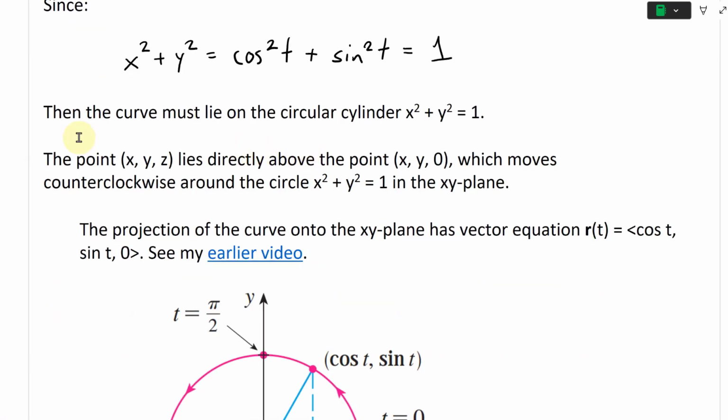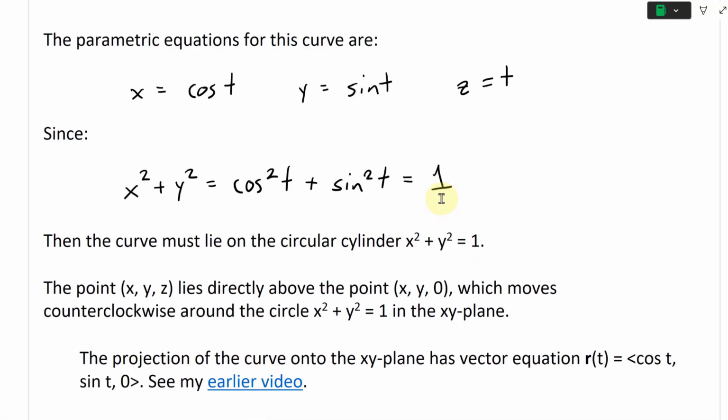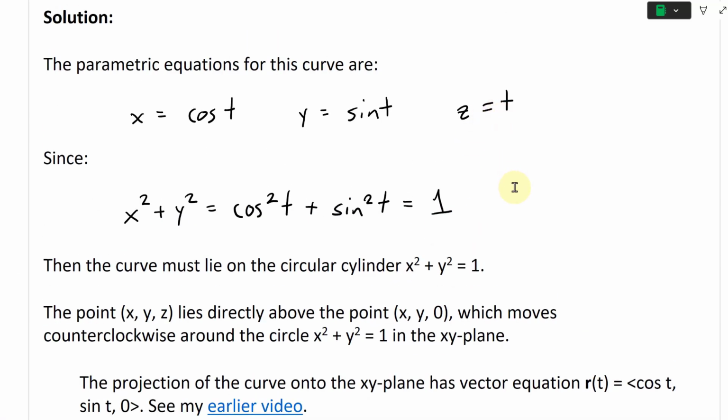What this means is that the curve must lie on the circular cylinder x squared plus y squared equals 1, and it's a cylinder because z is any value t and just goes up. That's the vertical axis, so you draw a circle and it goes all the way up and down.